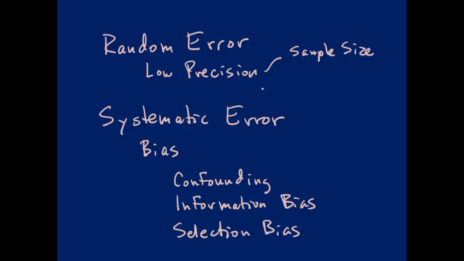Now, we will get some estimates of the precision of our estimates from the statistics program, but for bias, we won't get these things. For bias, we have to use our wits. We have to think about our study design. For confounding, we've already spent a lot of time thinking about confounding. That's the purpose of the directed acyclic graphs. So we can actually control for confounding, at least partially, using the structure of our model by conditioning on variables that we need to condition on to block backdoor paths.